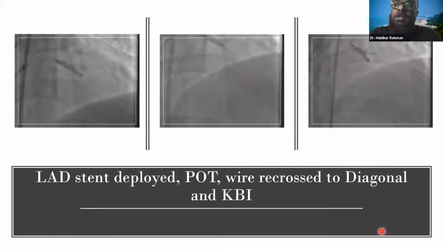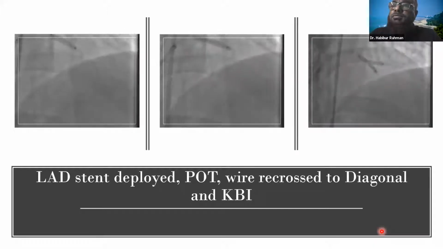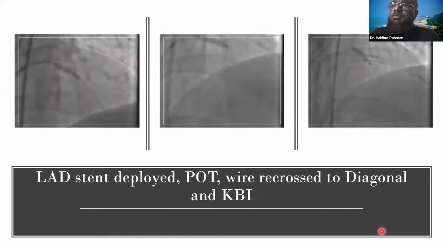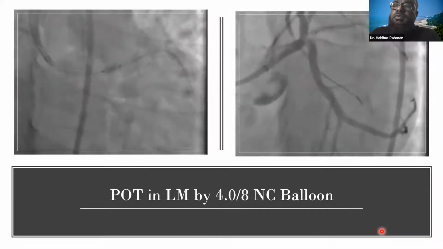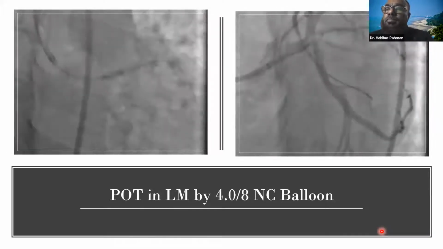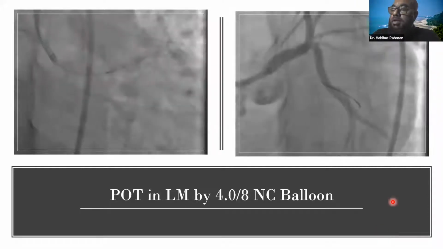After deployment of the LAD stent, proximal optimization was done, wire recrossed to the diagonal, and kissing balloon angioplasty performed. After doing POT in the left main with a 4 by 8 NC balloon, the result is good.